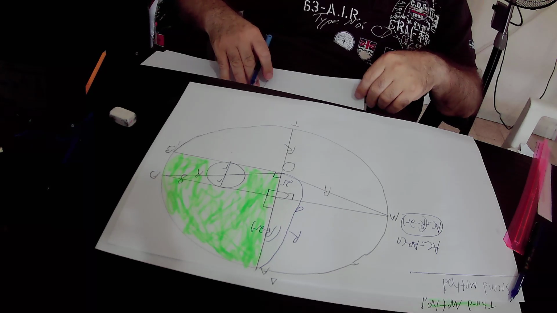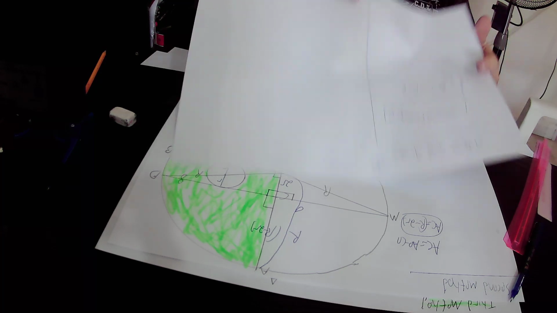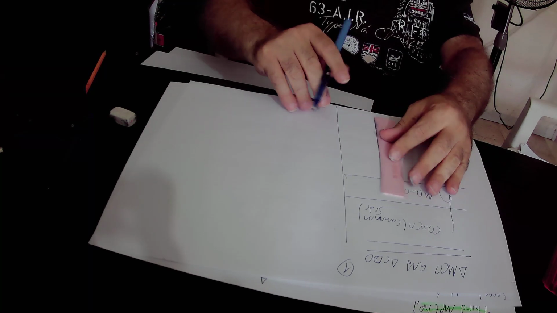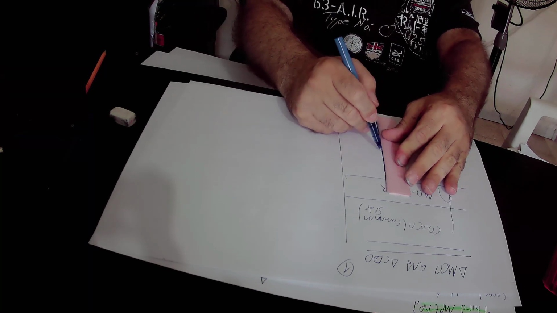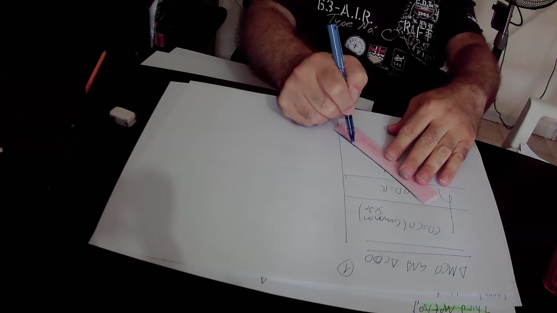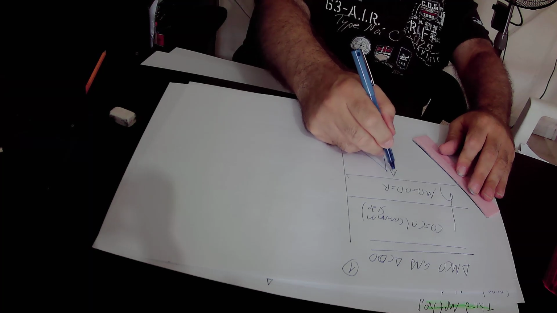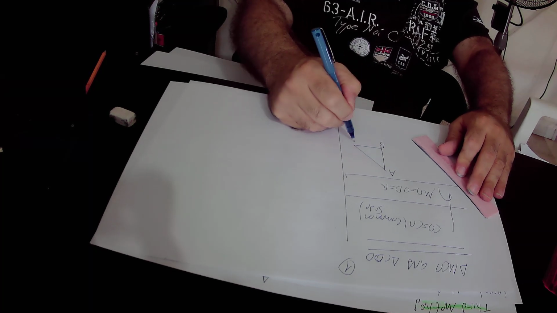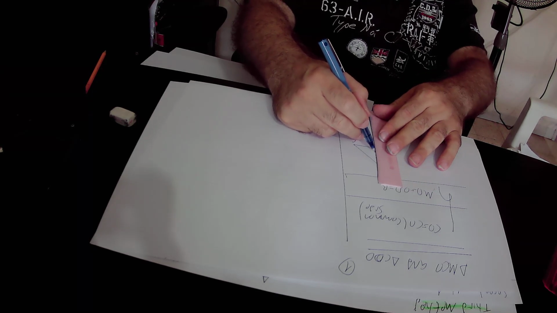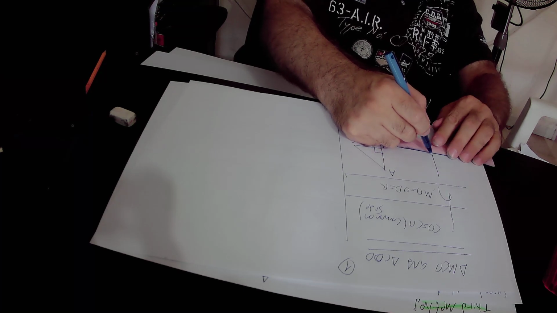I'm explaining why. Because if, for example, we have two right triangles, the right triangle ABC that's congruent to the right triangle EDF. This is triangle ABC, and this is triangle DEF.